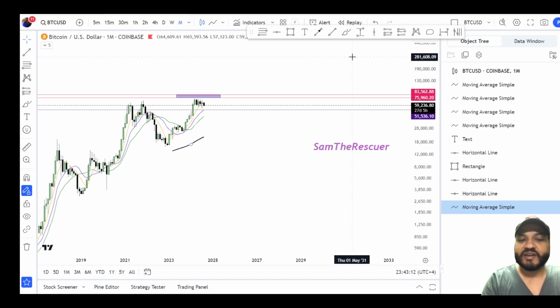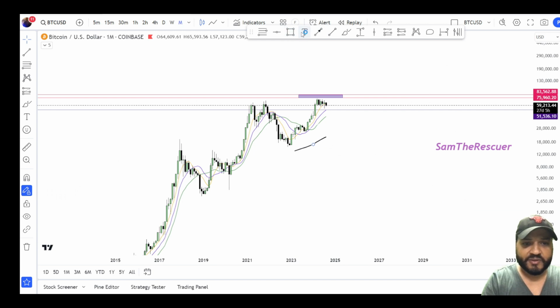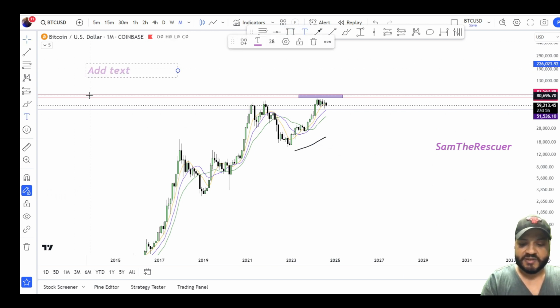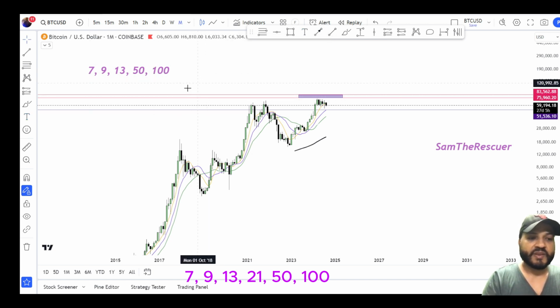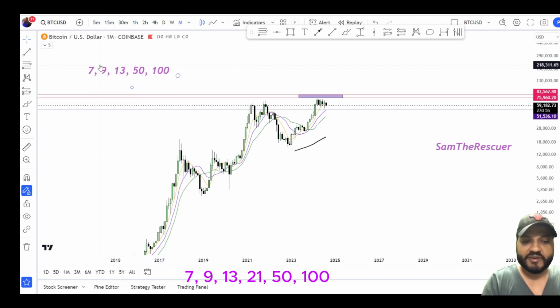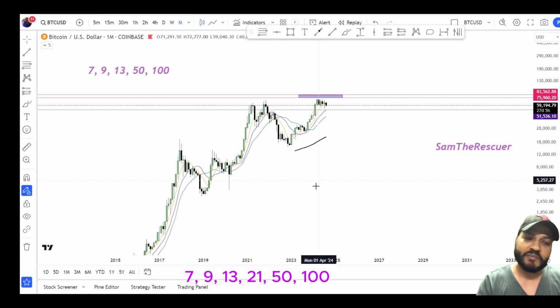But as of now, for the fanning, we need 5: 7, 9, 13, 50, and 100. That's the one. These 5 of them will give you the fanning, and I'll show you how it works as well.